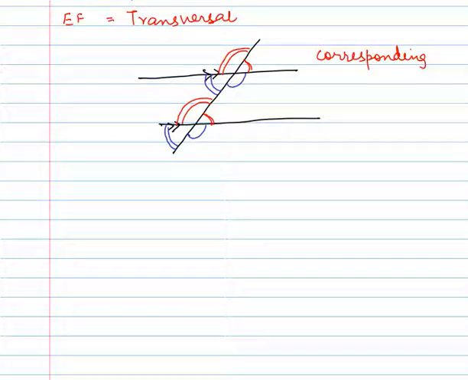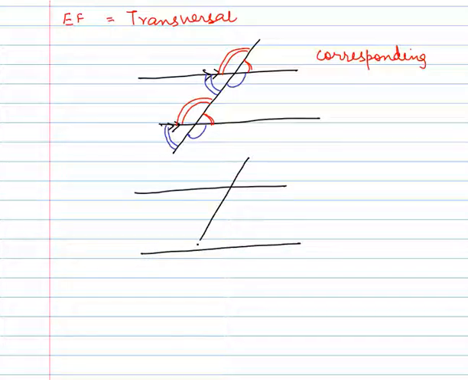Now let us again talk about some more angles. This angle and this angle, a pair of these angles, are known as alternate angles. Right?